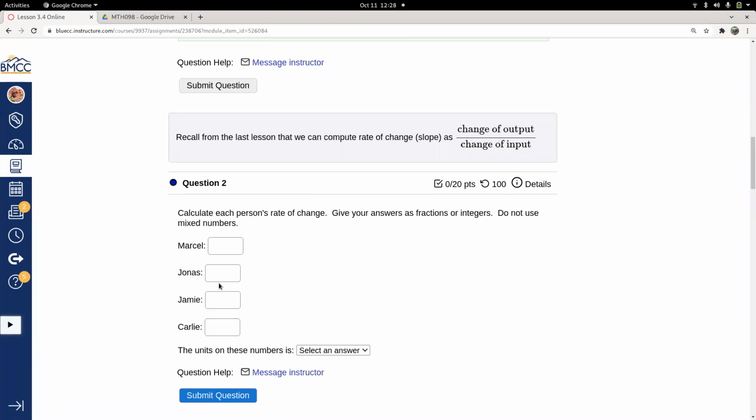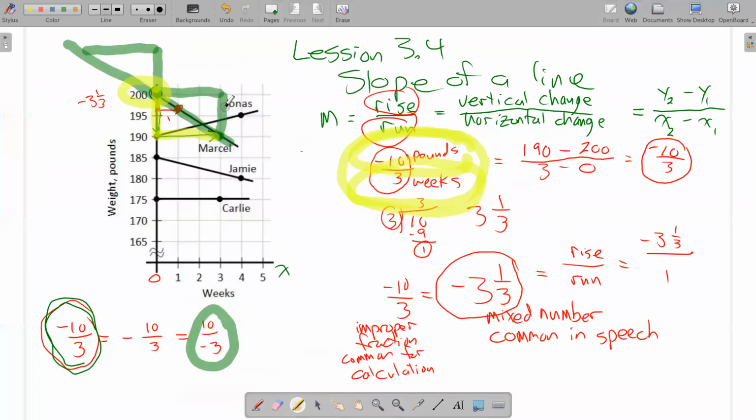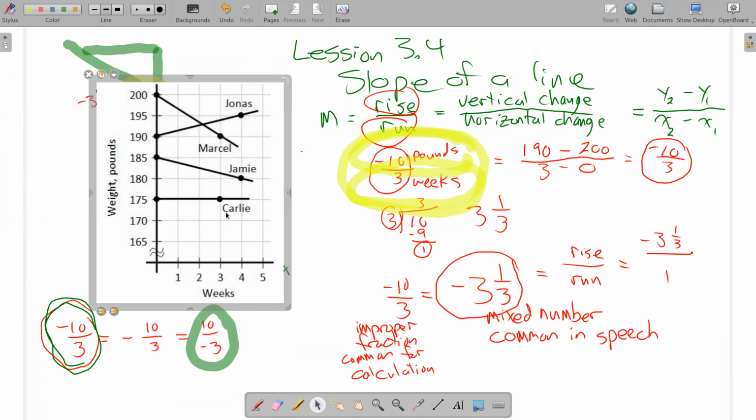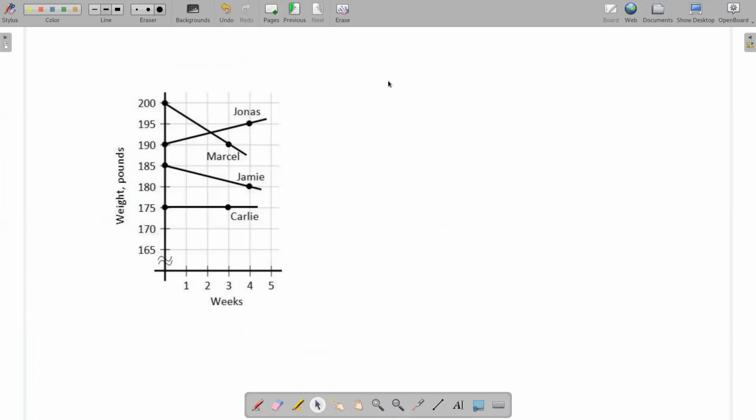And I think I want a new version of the graph to do that because I messed up my other one. There's lots of writing. So let's pull that into a new screen. Okay. And you have 2 options here. You can write down the points for each one and use that whole y2 minus y1 over x2 minus x1, which is an excellent way to do this.